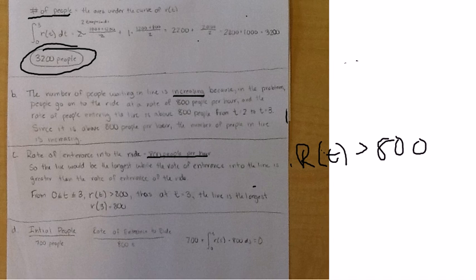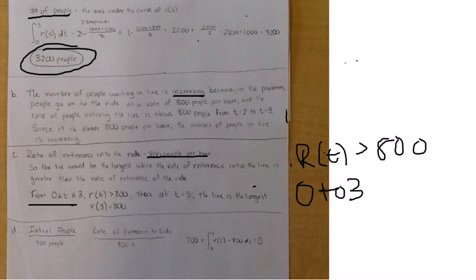So this is true from 0 to 3. So from 0 to 3, where R of t is over 800, the line would be the longest, because from 0 to 3, the line is gaining people at a rate above 800, which means the line is gaining more people than it's losing.